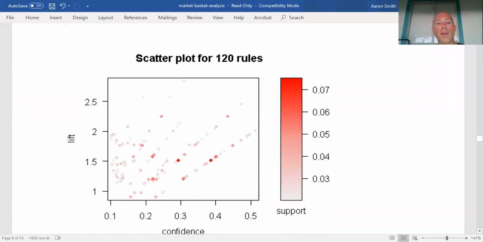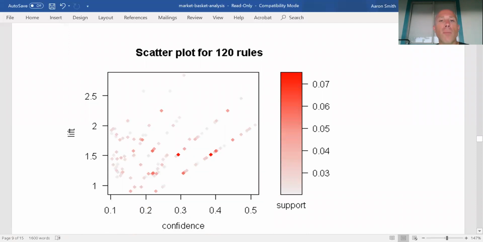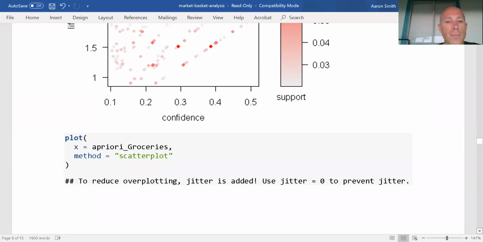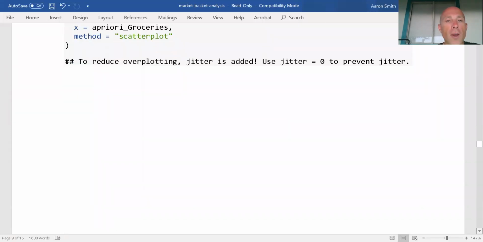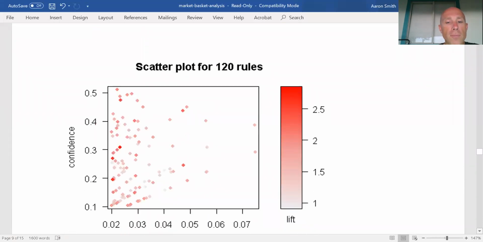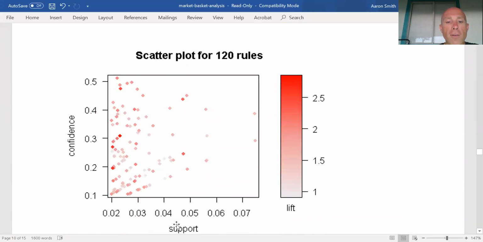And so if I want, I can plot these three metrics in all 6 ways. We also do a scatter plot and see what happens. If I say scatter plot, it does support, confidence, and then lift as shading.